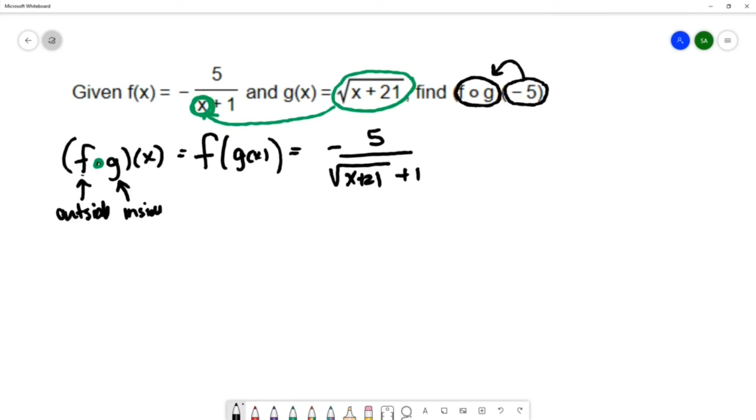Now that we have built or constructed that function, I'm going to be able to substitute a negative 5 into the function. That would give me negative 5 over the square root of negative 5 plus 21, plus 1.